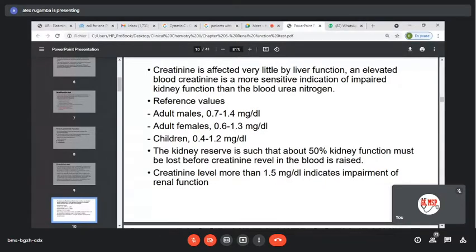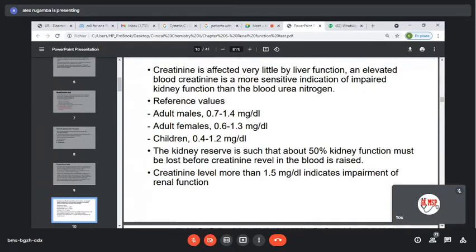So if the creatinine level is more than 1.5, it will indicate impairment of renal function. These are the reference ranges you will refer to, to know if there is a function problem or not. So if it is greater than 1.5, then you may think there is a problem.